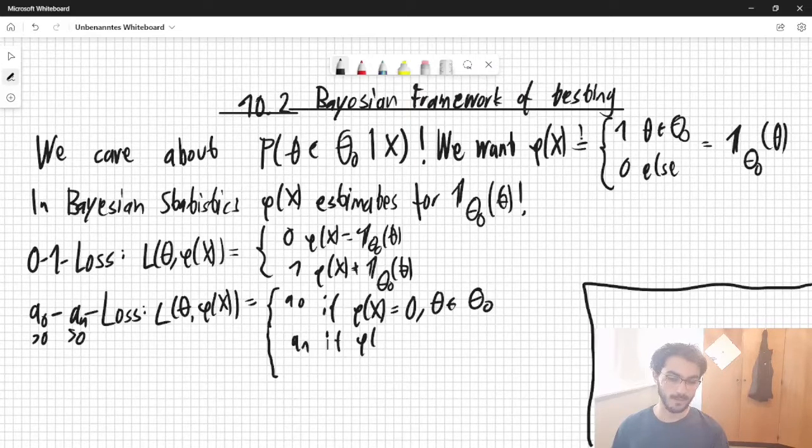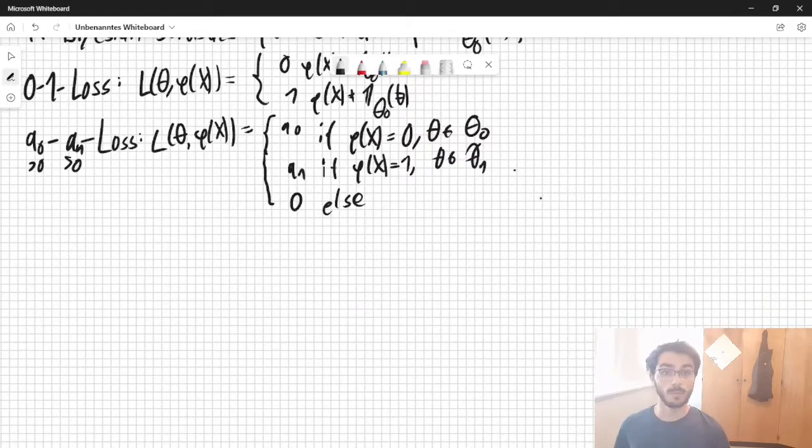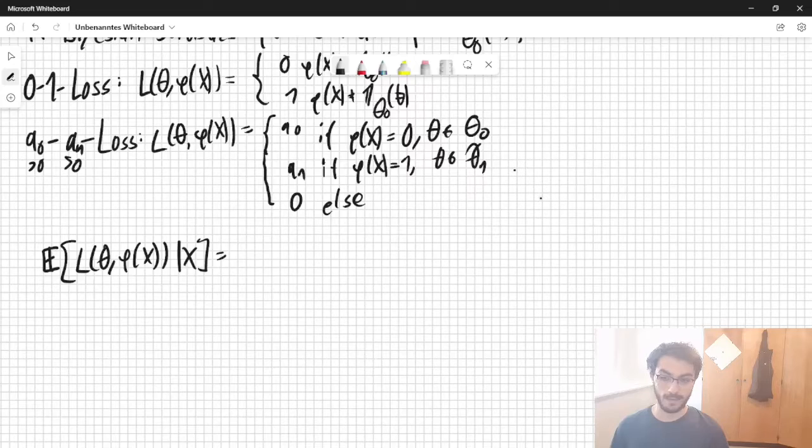In the other case, where phi of x is equal to 1, even though the alternative hypothesis is true, and it's 0 if we actually don't mess up. Now, what do we want to control? We want to control the conditional expectation of the loss given our data. And we can calculate this for the A0, A1 loss, because there's only two mistakes that we can make. There's a probability that theta is in fact in theta 0, and given our data, we can reevaluate this probability.